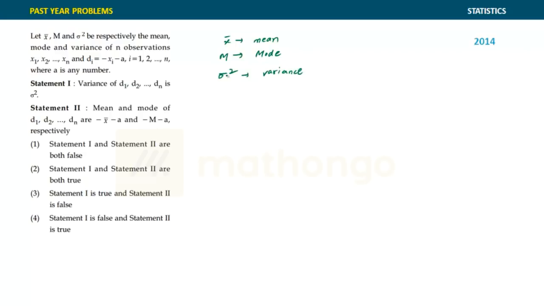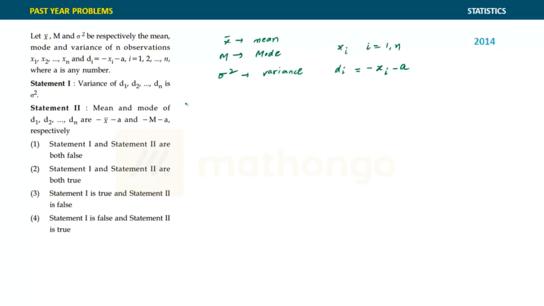Xi are the observations, i varies from 1 to n, and di is a new observation defined as minus xi minus a. That means first you multiply all the observations by minus 1, and then you subtract a from all the observations.